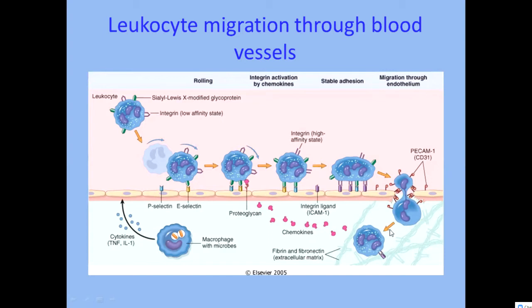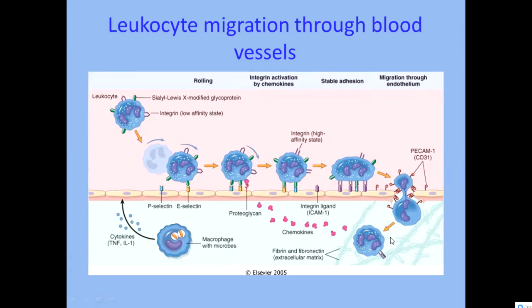So here the neutrophil appears and they are attracted by these chemokines. These chemokines are nothing but the attractants secreted by the organism. It can be the organism, it can be the injurious stimulus which has been present.